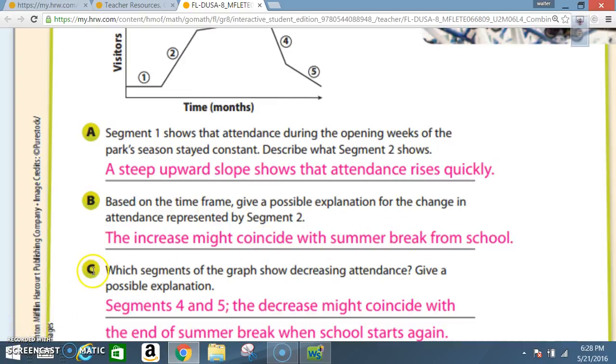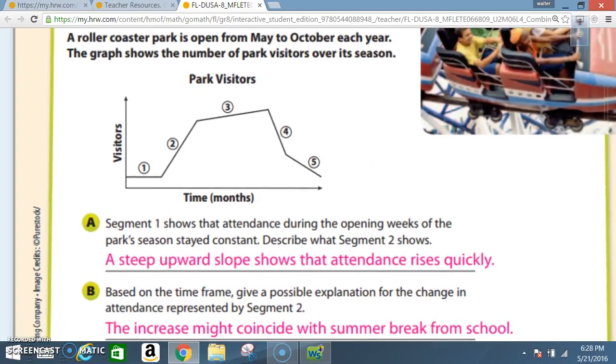All right, let's take a look at question C. Which segments of the graph show decreasing attendance? Give a possible explanation. When you look at your graph, you'll notice that segment 1 is constant. Segment 2 is increasing steeply, that is, increasing fast over a short time period. Segment 3 is also increasing, but over a longer time period.